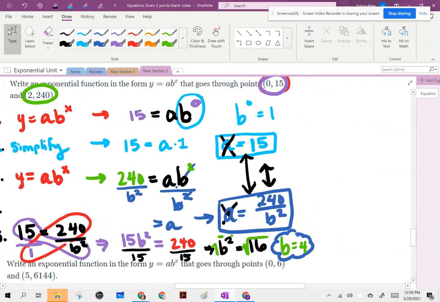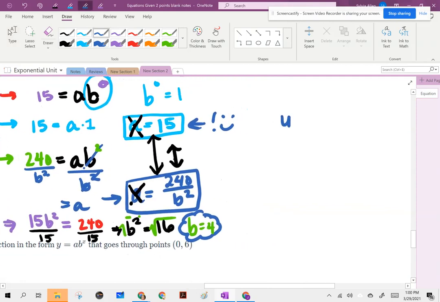The next step is to take our b value, and remember we said either a is 15 or a is 240 over b squared. Well, if we already know what our a value is, that saves us a lot of work. Remember, you are ultimately trying to find the a and the b.